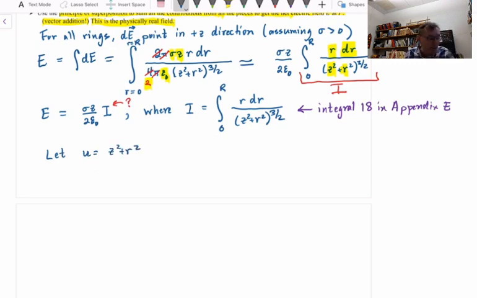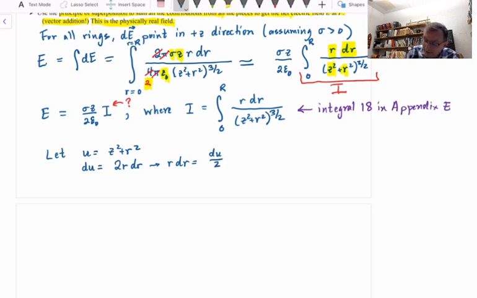Let u equal z squared plus r squared, where I think of z squared as a constant. Then the differential of both sides, du, the z squared is a constant, I'll have 2 times r times dr from the right, because it was r squared. So I get 2 times r times dr. That means that r times dr is equal to du over 2.